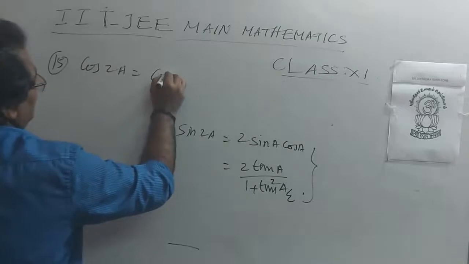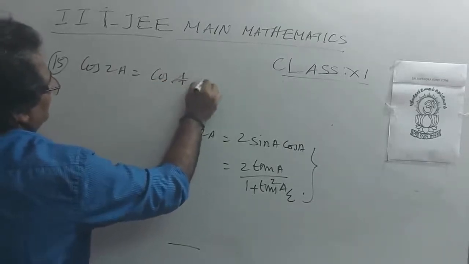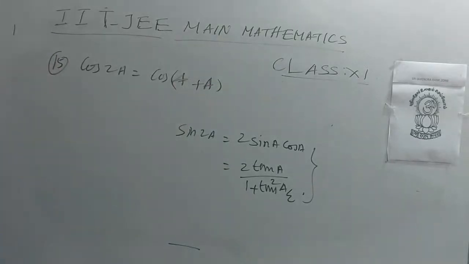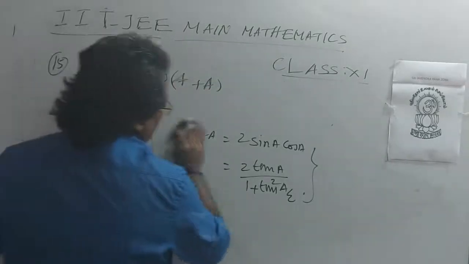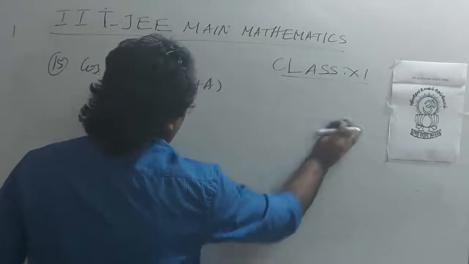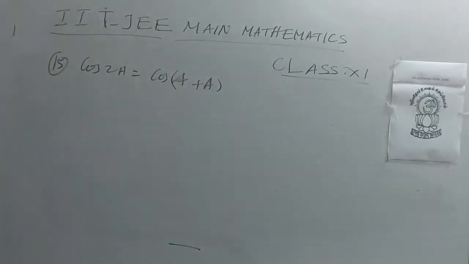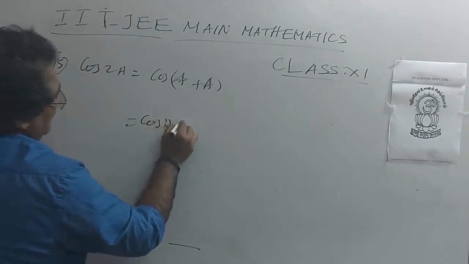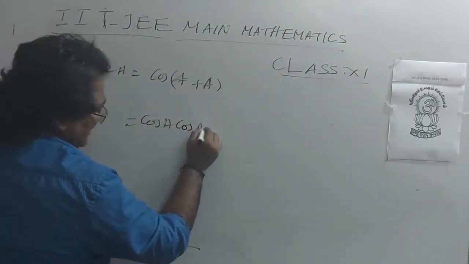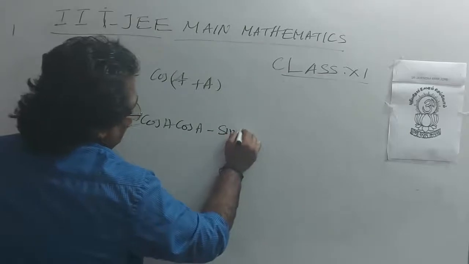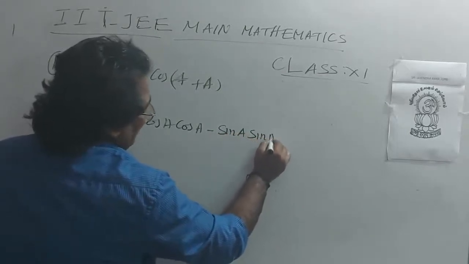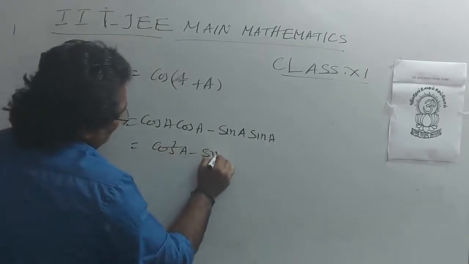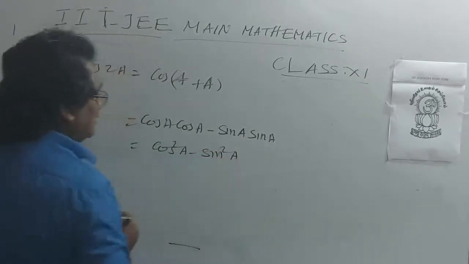Cos 2a equal to cos a plus a. You apply the cos a plus b formula: cos a cos b, in place of b we have a, minus sin a sin b, in place of b we have also a. Cos squared a minus sin squared a.